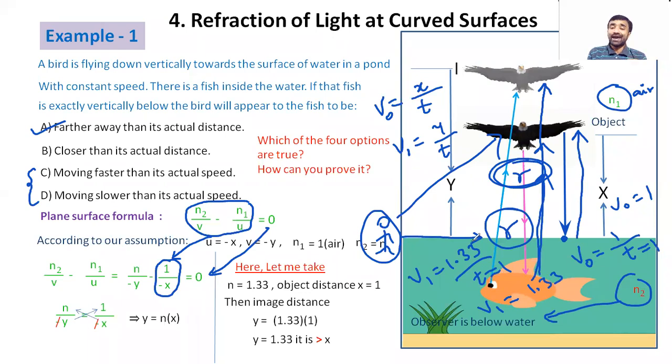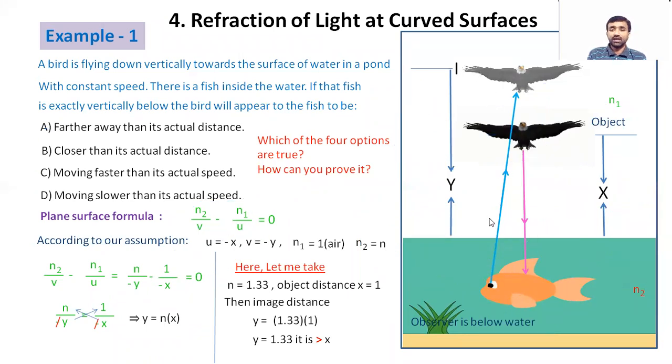The bird actually realizes this, because it observes the image farther than the actual position. When the bird reaches the surface, the object and image also reach the surface, so it is impossible for it to travel at the same constant speed. So the bird will appear to the fish as moving faster than its actual speed.